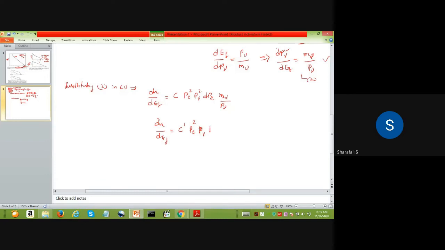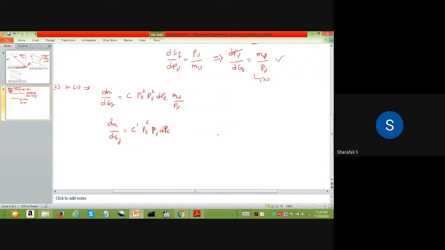We'll be having that dpe also. So this is the expression that we'll get after including the rest mass energy of the neutrino.